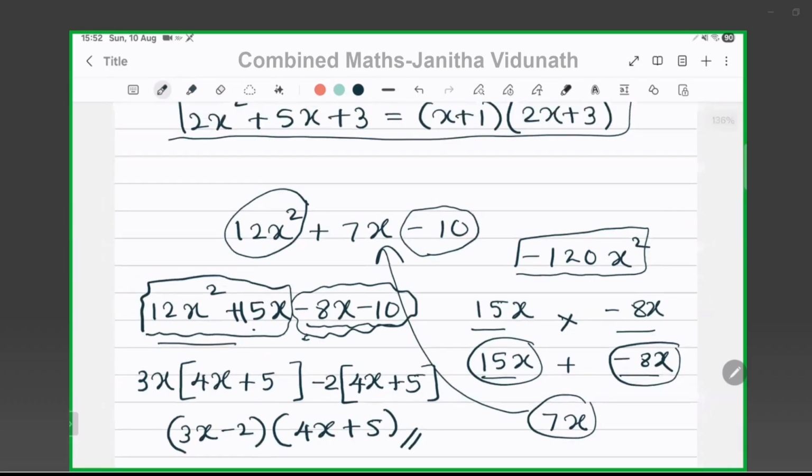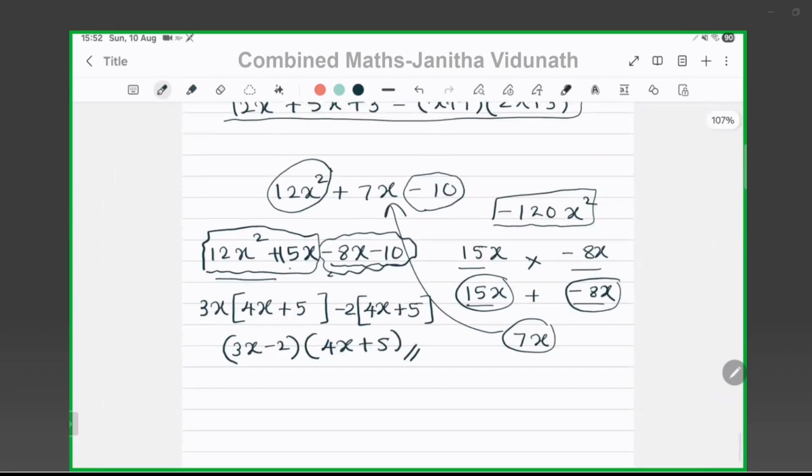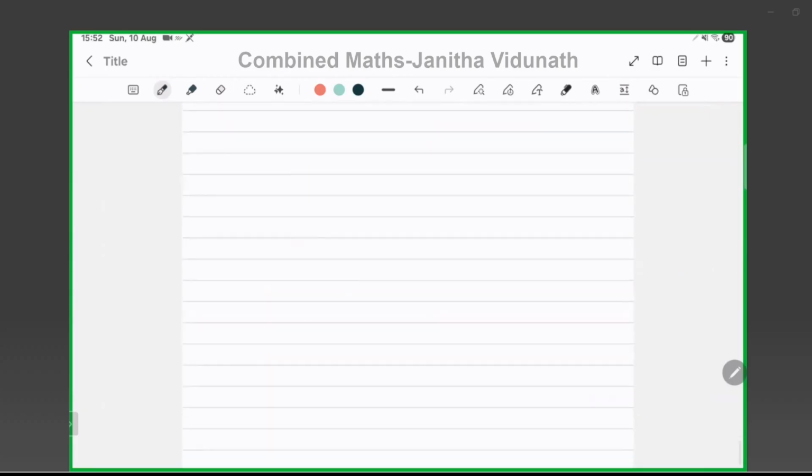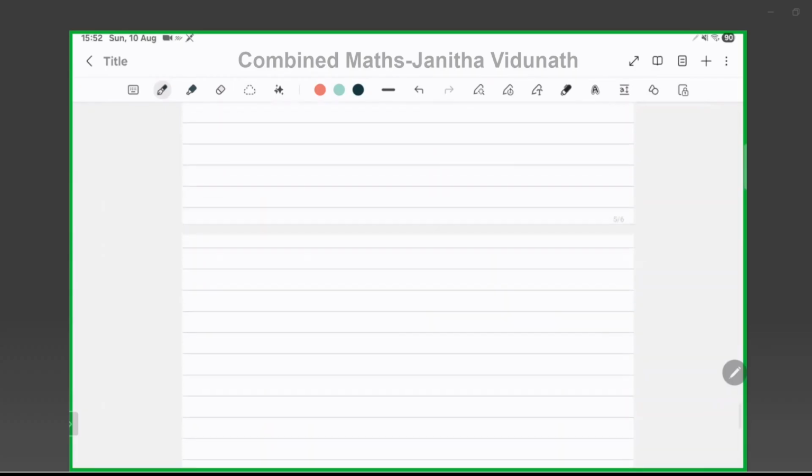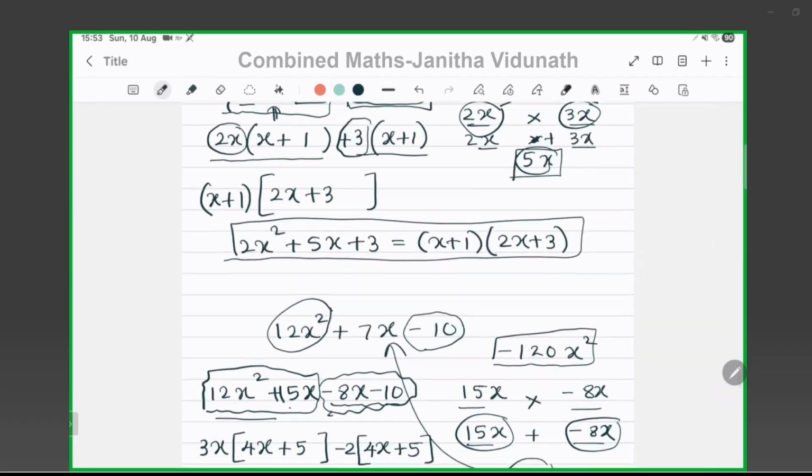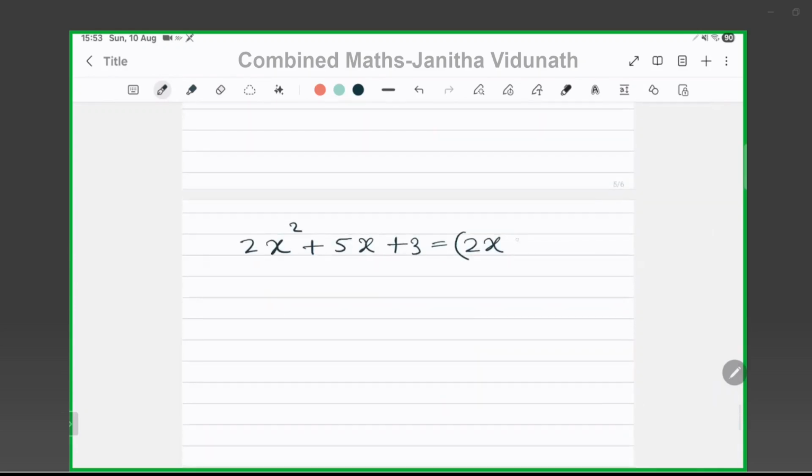Okay, now let me write these two again. The first one is 2x square plus 5x plus 3. Then we get the factors as 2x plus 3 and x plus 1.